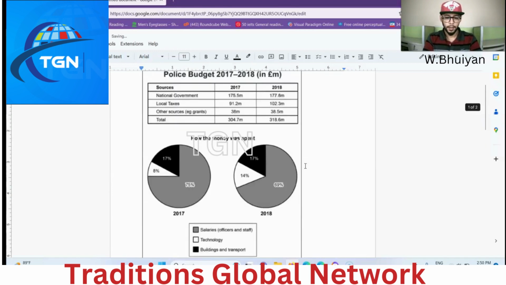All right. Now let's look at the total. Total went from 304 to 318. So 18 minus 4 is about 14.